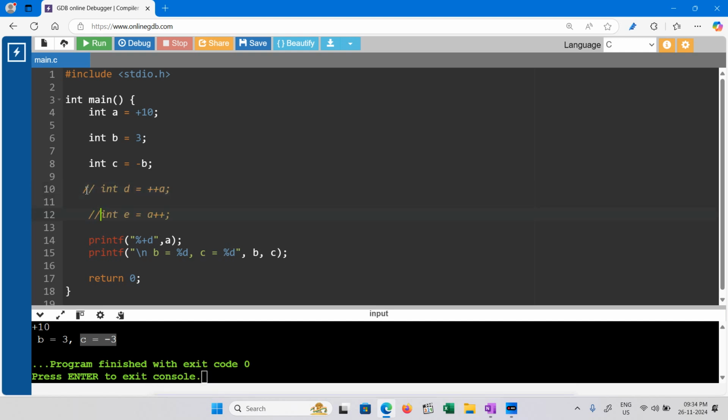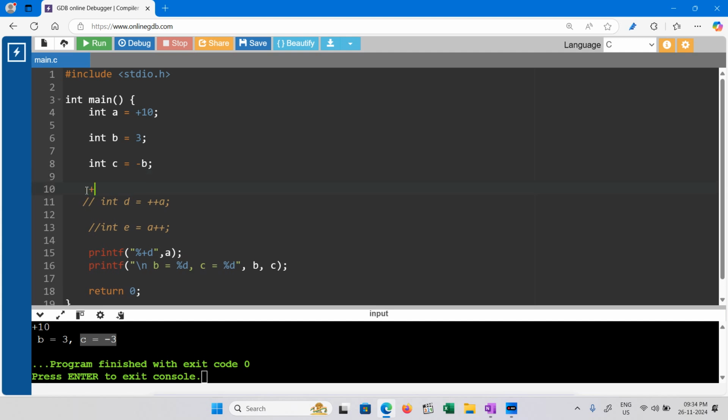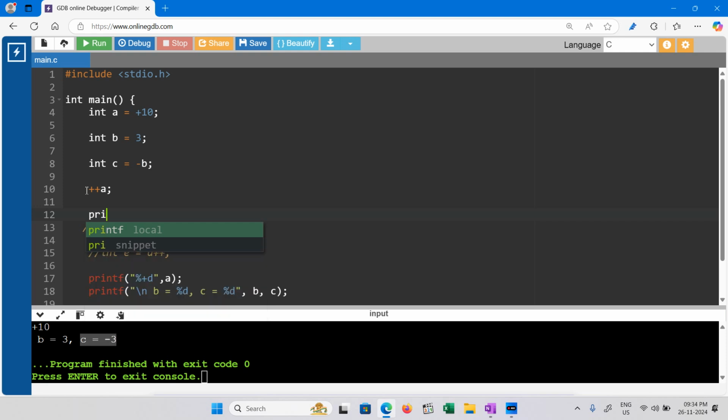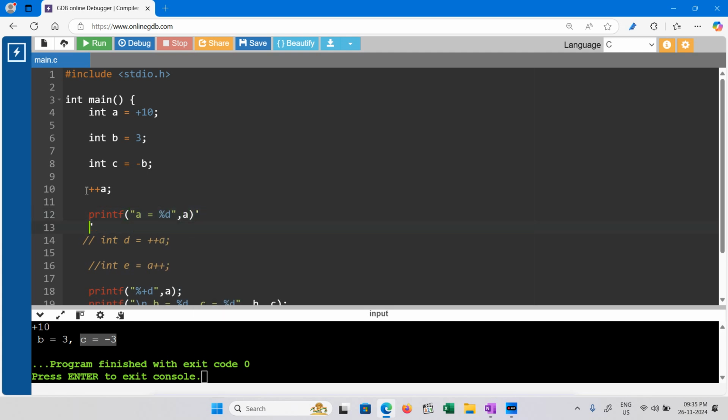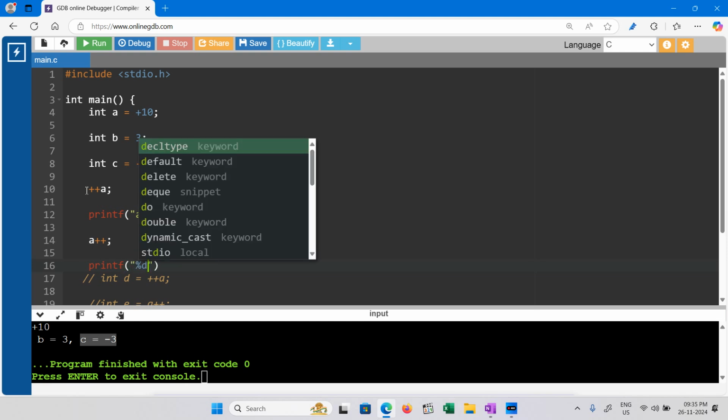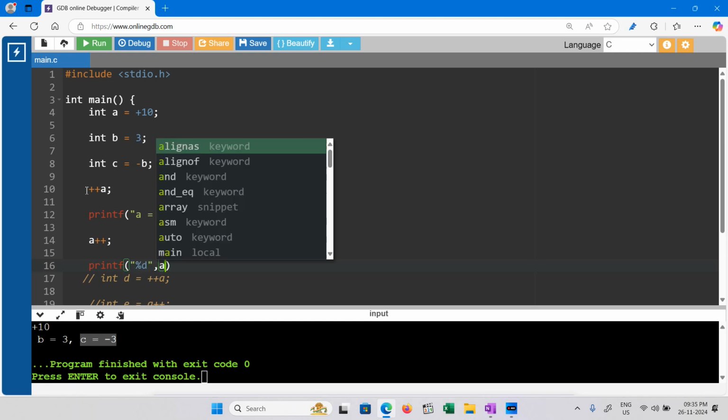So here I just write plus plus a, and after this I'm going to print a equal to percentage d, and a. And here again I am doing a plus plus, and again printf percentage d comma a.